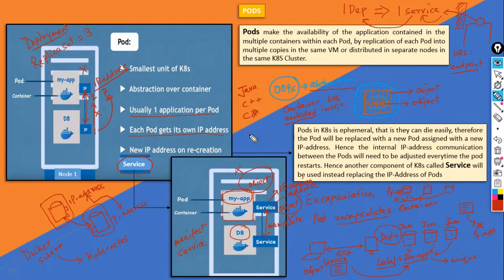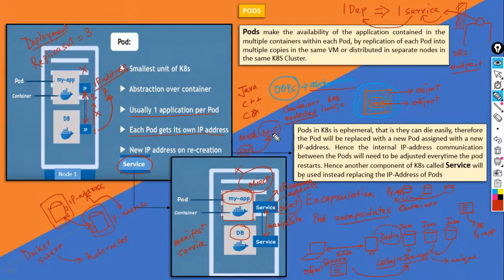In this mesh of microservices, how do you reach one particular service or microservice? It is through the service. Service will take you to that application. This is a pod. This is a pod.